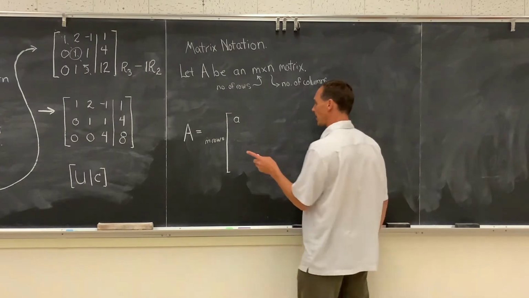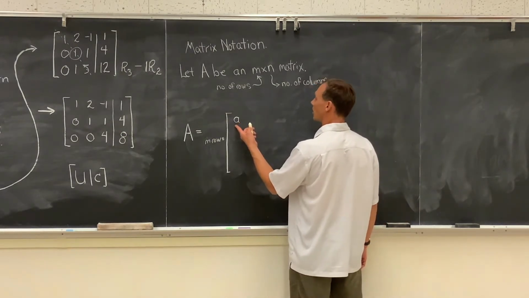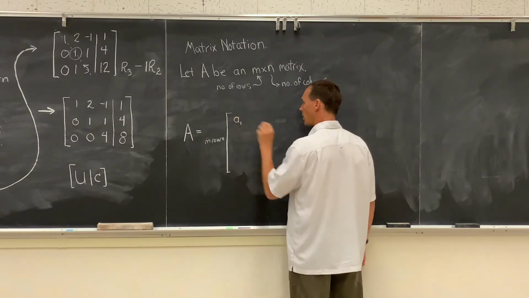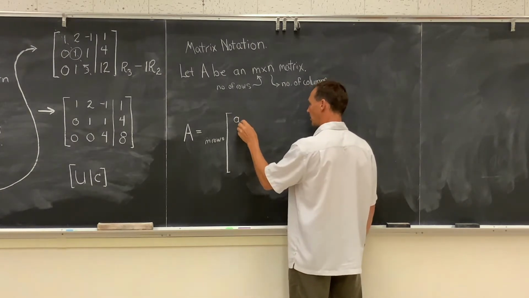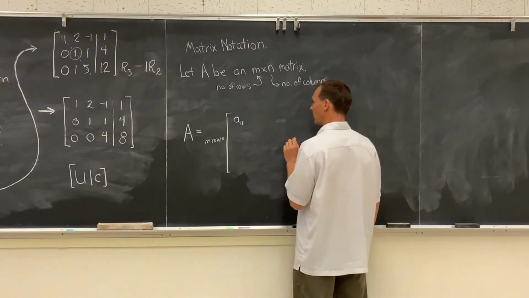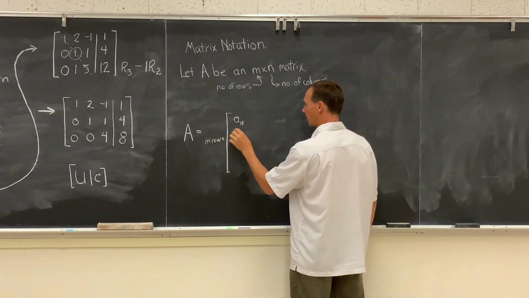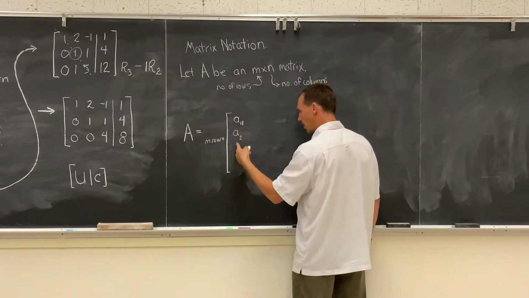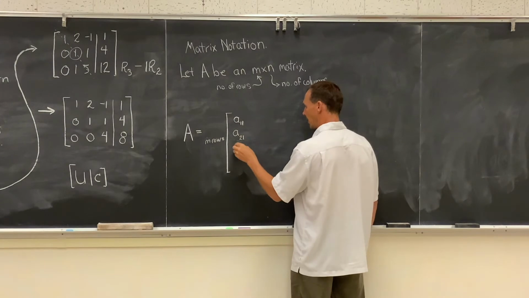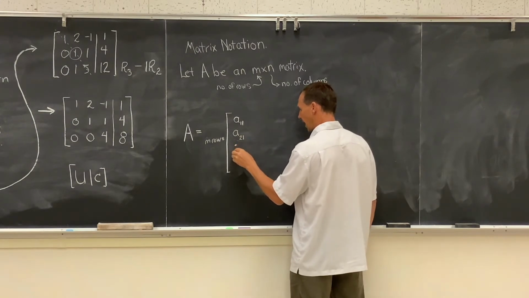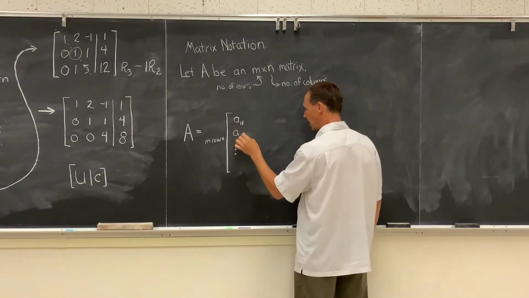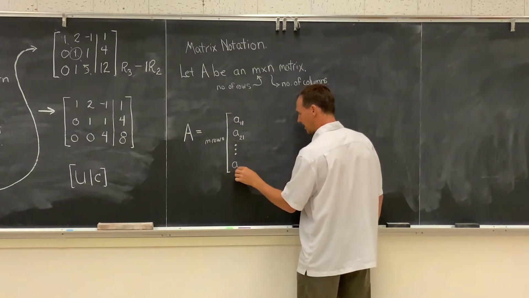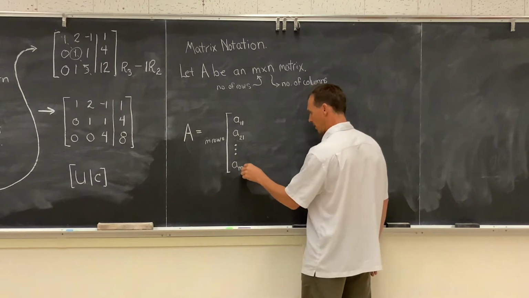Here, this first position, we always go row, column. So this first position is in row 1, column 1. Our second row would have A, row 2, same column, 2, 1. We continue this pattern all the way down, staying in column 1, until we get to our last entry, A, in row M, column 1.